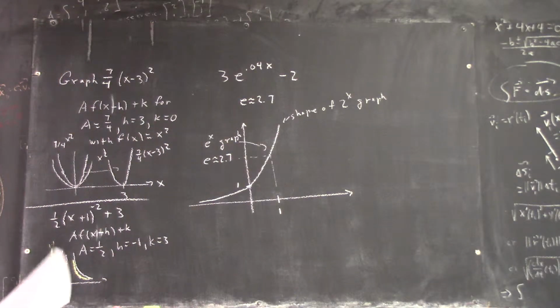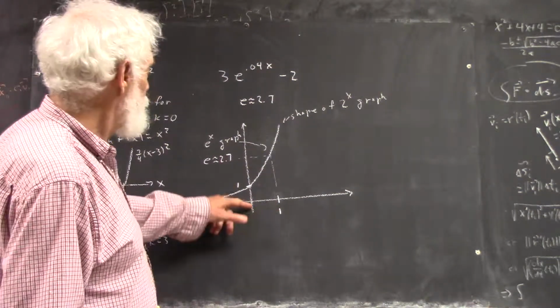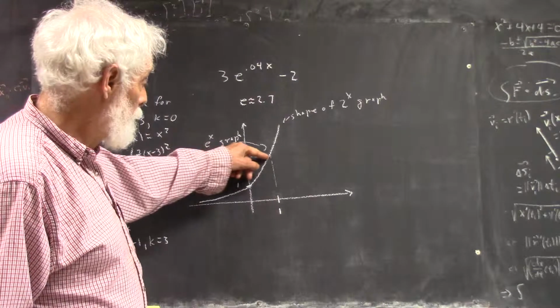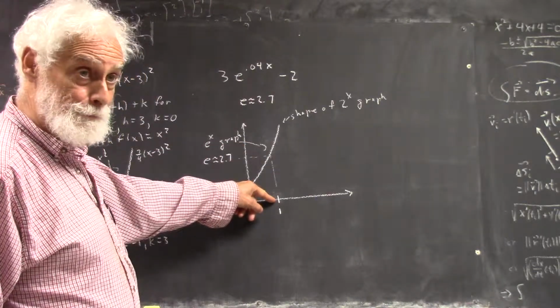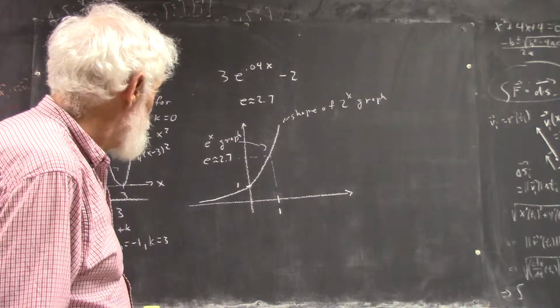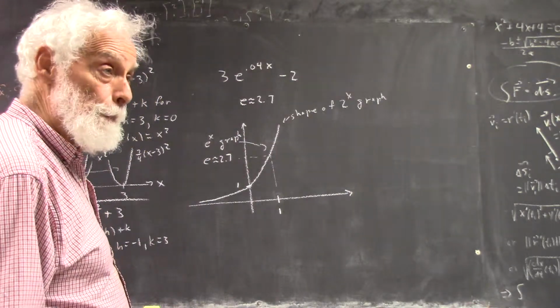So you got to come over here far enough. First of all, you probably go up to about 2.7. You come over, and that's where x is 1. So that's your e to the x graph.